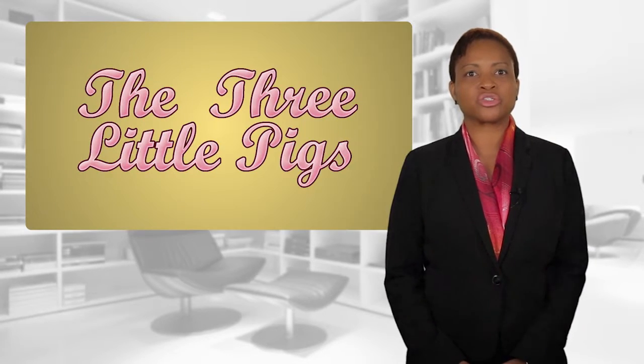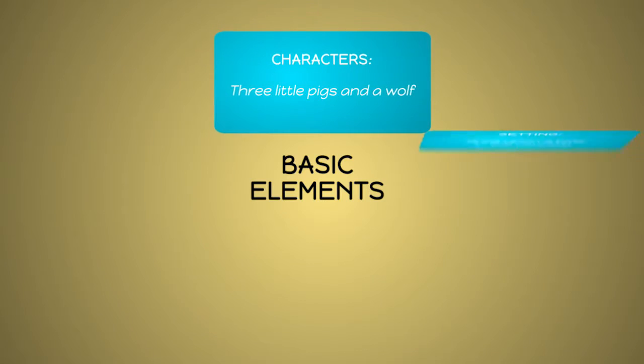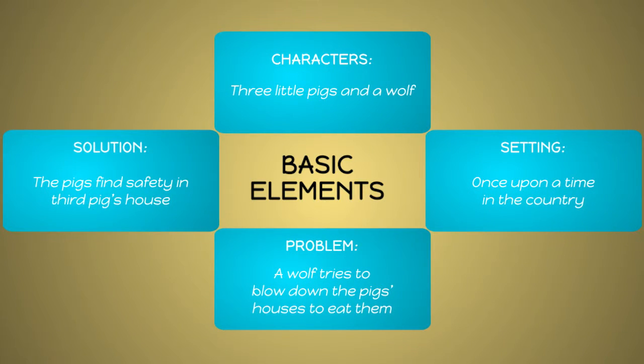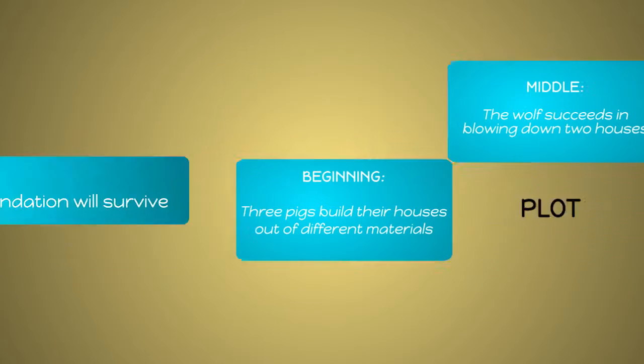Understanding text structure is also very important. Narrative or literary text tells a story. Take the story of the Three Little Pigs. There are characters, a setting, a problem, and a solution. There is also a plot that has a beginning, middle, and end.